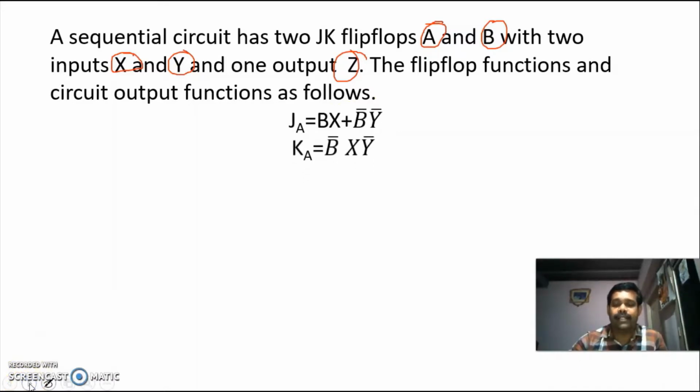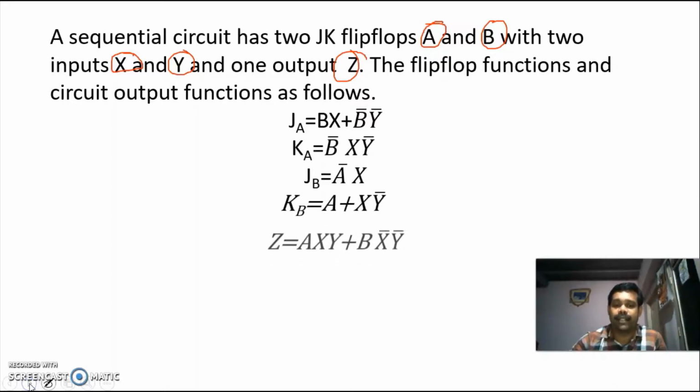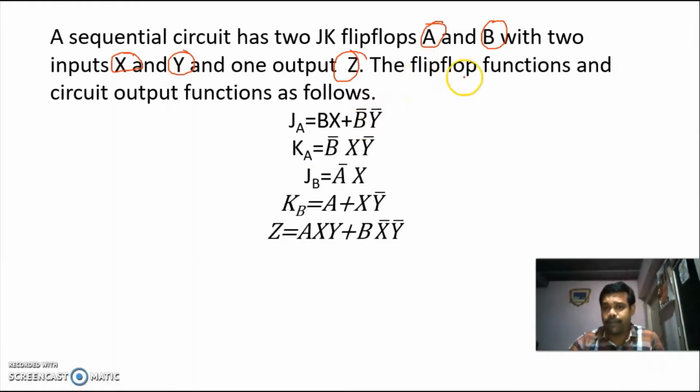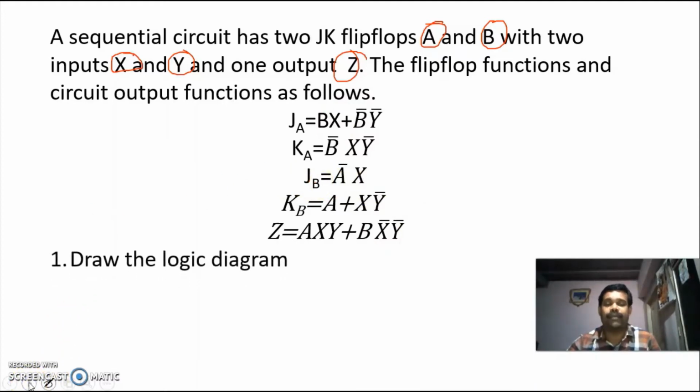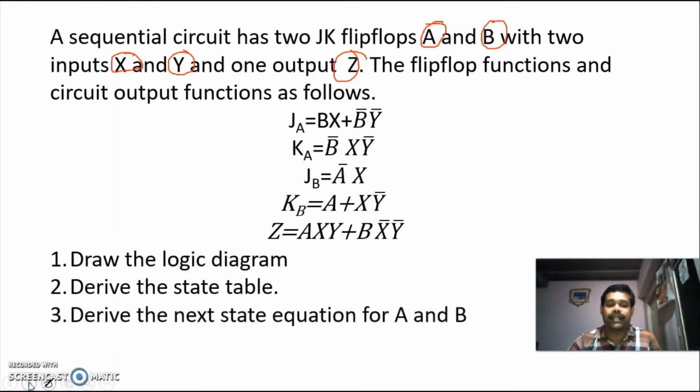So here in this problem, instead of giving the sequential circuit, they have given the flip-flop input functions and output functions. And they are asking us to derive first the logic diagram, second the state table, third the next state equation for A and B, and the fourth one is we have to derive the state diagram.